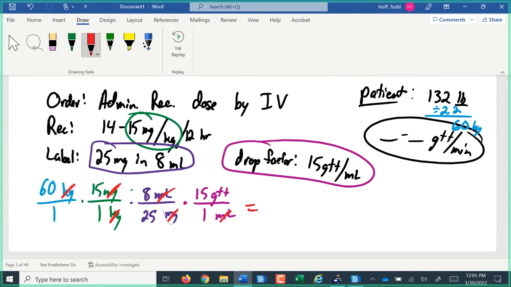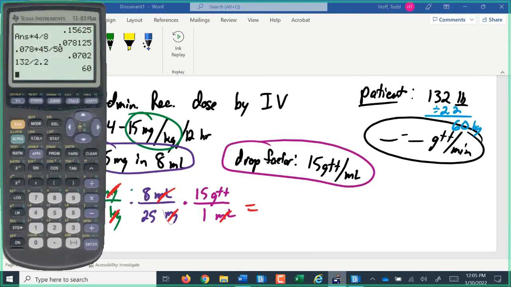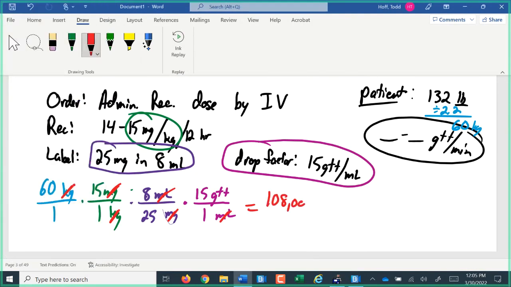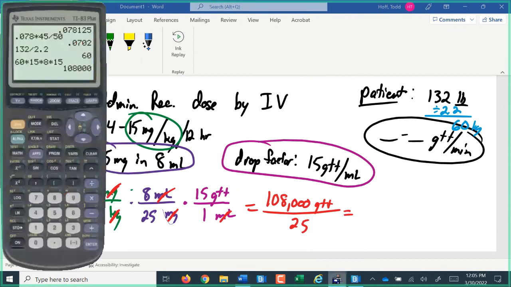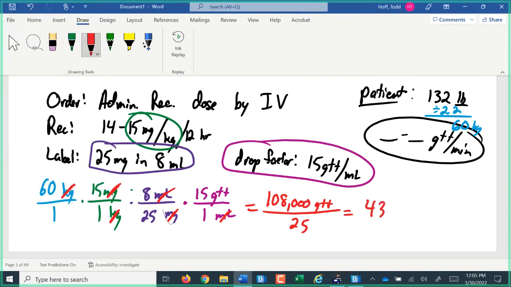So now we can go ahead and calculate this. On top, we have 60 times 15 times 8 times 15 drops, 108,000 drops over 1 times 25 times 1. Divided by 25, that is 4,320 drops.